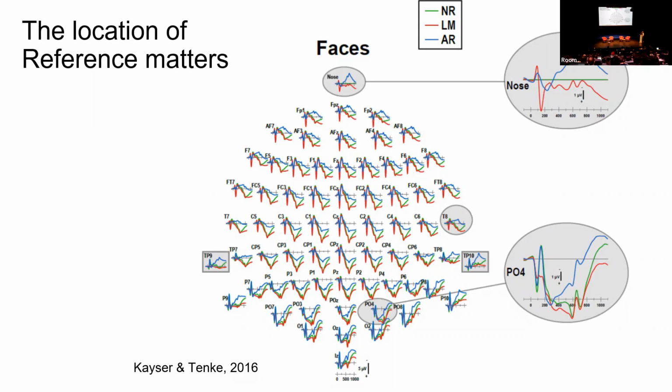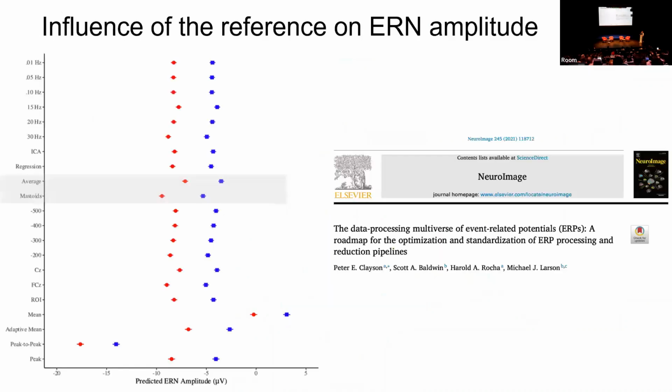In the parietal electrodes, the ERP looks similar for the average reference and the nose, but completely different for the left mastoid. If you want to use source localization, you should always use the average reference.